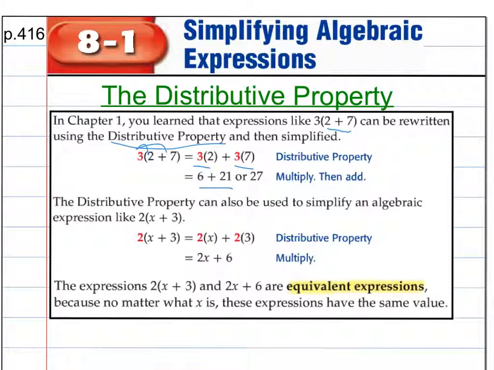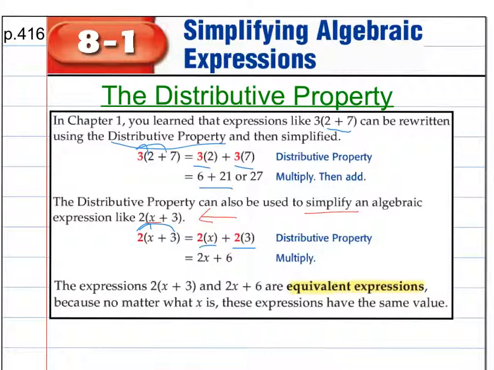So that is something that you can do now when we have algebra, variables in place of numbers, since we can't add x and 3 together first because they're not like terms, we use the distributive property to simplify an algebraic expression. So you multiply 2 times x and 2 times 3, and then you'd simplify.